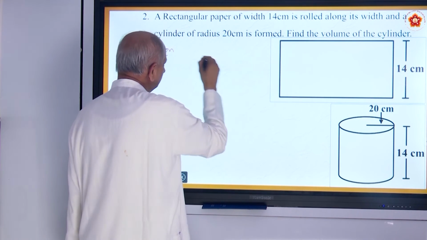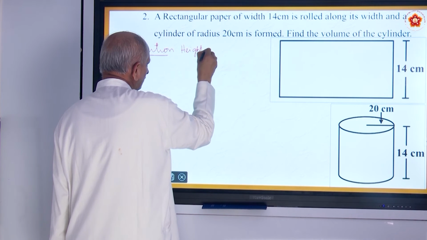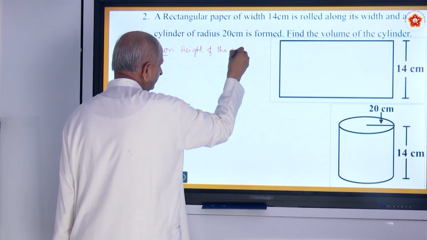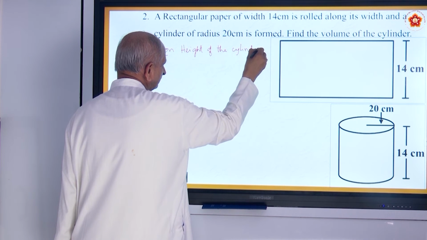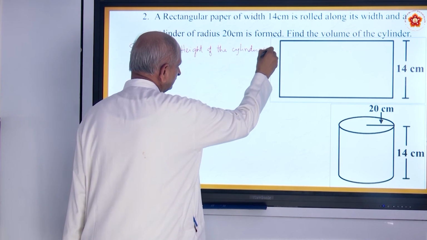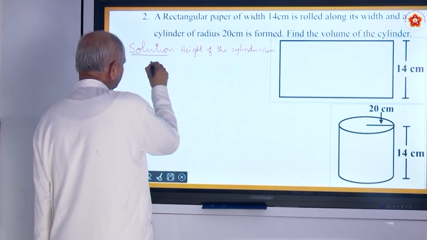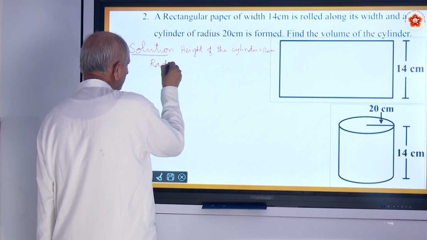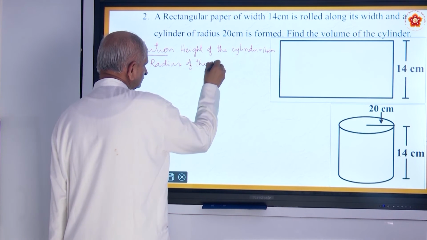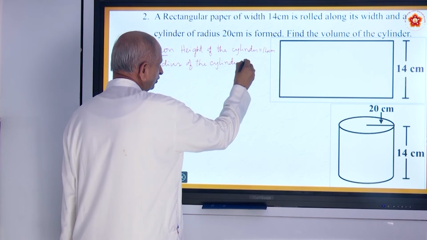The width of the rectangle becomes the height of the cylinder, correct? How much? 14 centimeters. And the radius of the cylinder is equal to 20 centimeters.